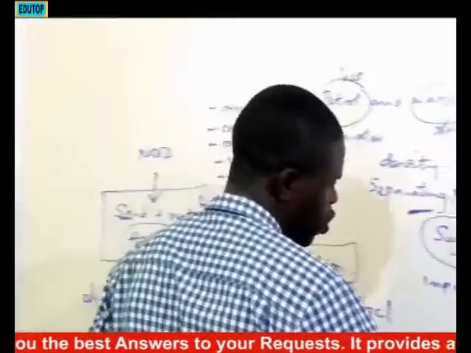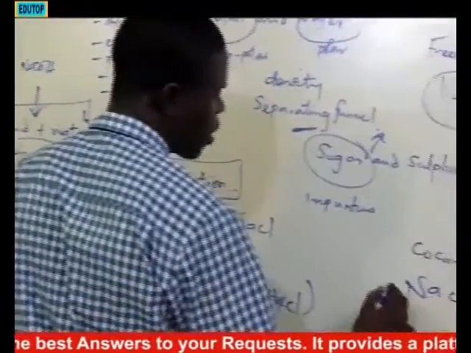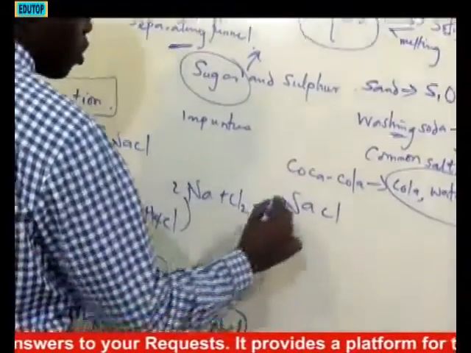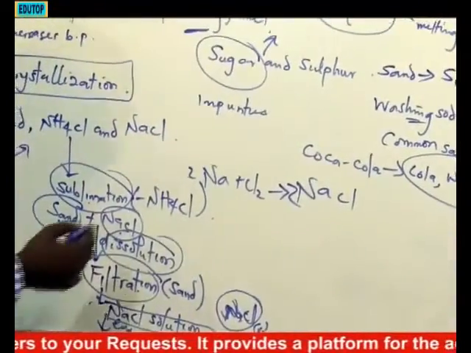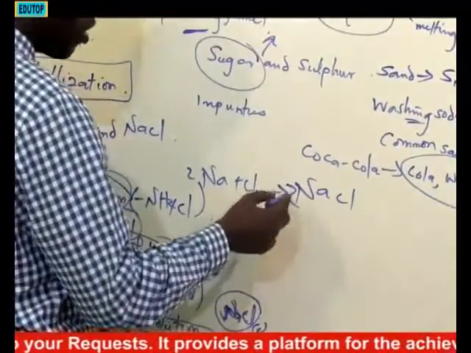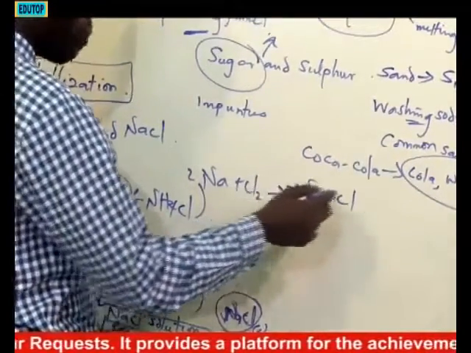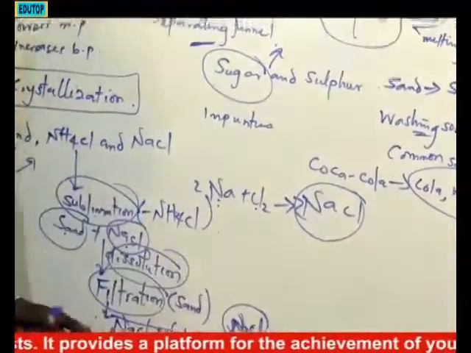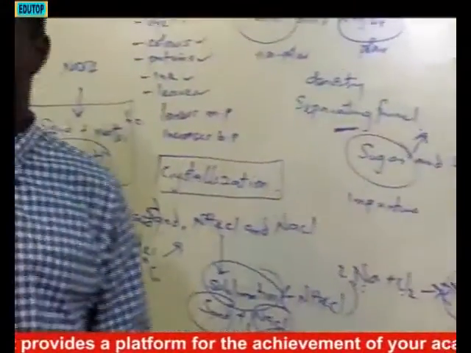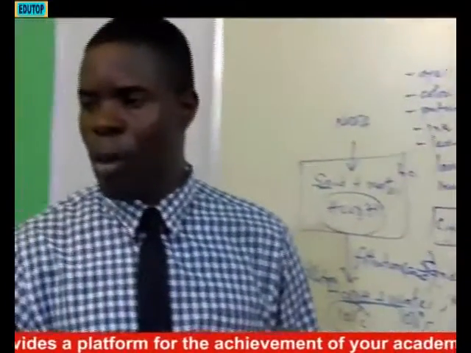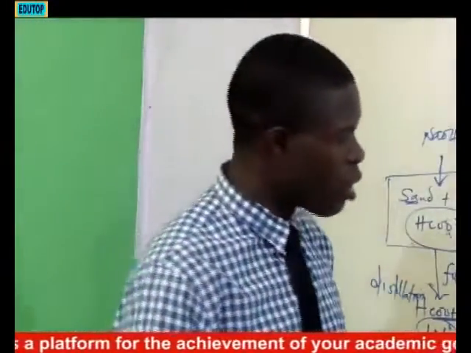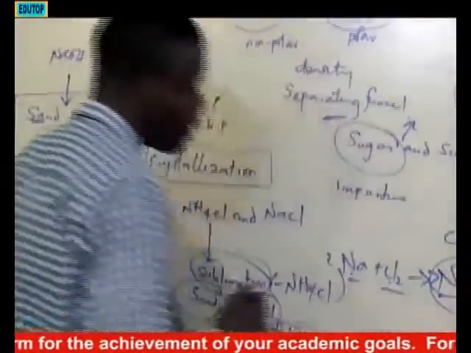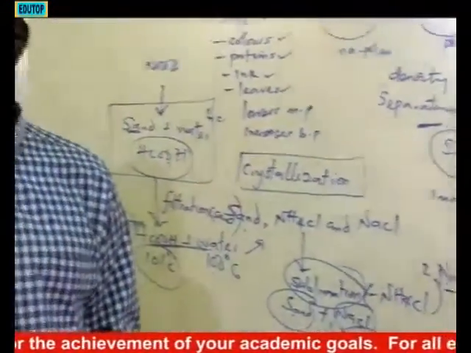If you have sodium chloride, it is coming from sodium and chlorine, and the property of this is different from the property of this and this. So option B, the properties of a compound are those of its individual constituents, is wrong and can never be the answer.